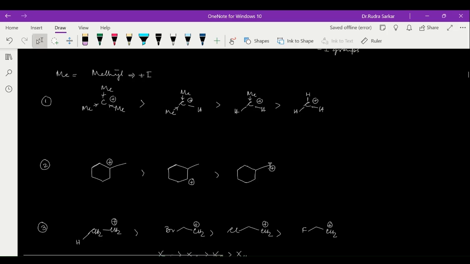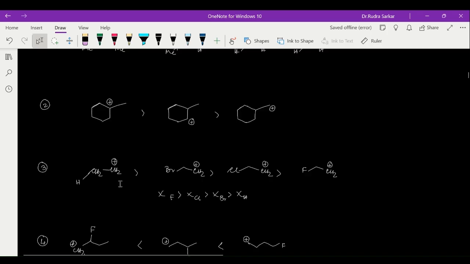In line diagrams, we only show the carbon chain and not the hydrogens. So if you count the number of carbons it is joined to, three is more stable than two, which is more stable than one. Agreed?